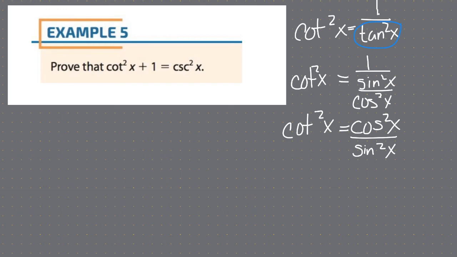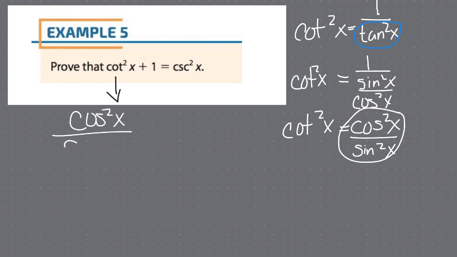So now, instead of writing the cotangent squared x in this problem up here, I'm going to substitute in this guy right here, cosine squared x over sine squared x plus 1, is equal to cosecant squared x.